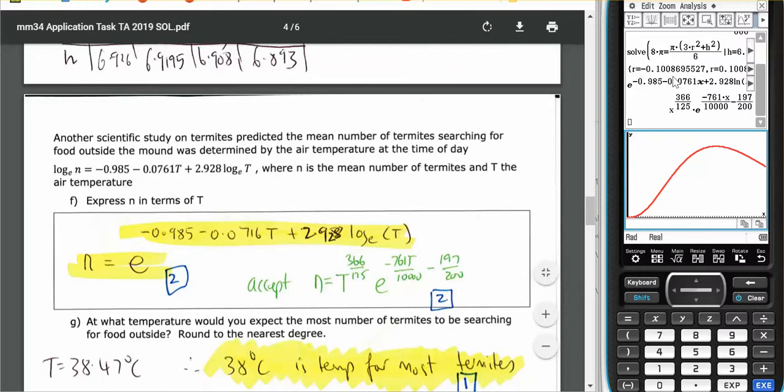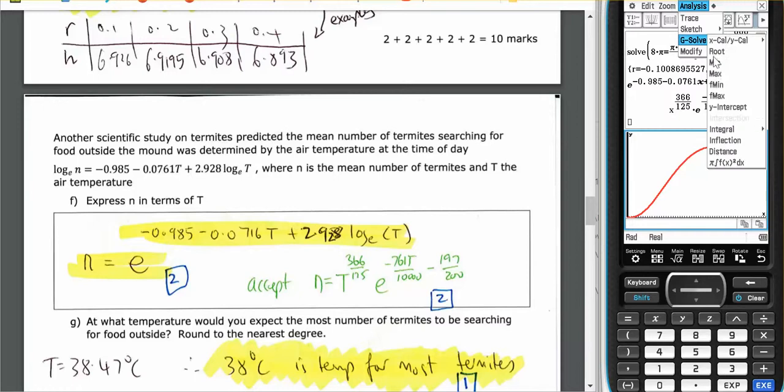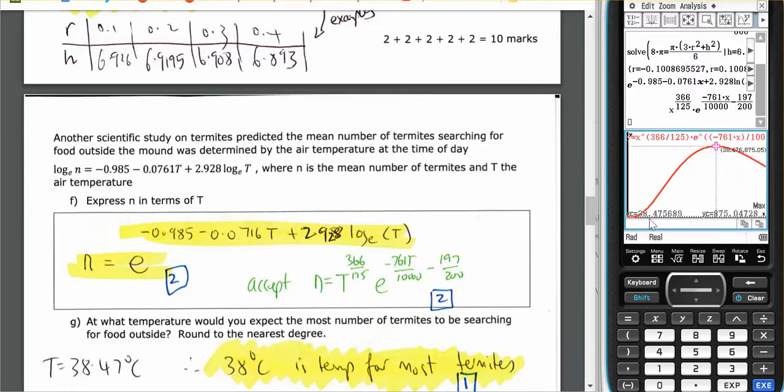I just realized that I mistyped my entry here, so I've redone it. And if I do analysis gsolve max, I end up with a maximum of 38 degrees, and that's 875 million termites.